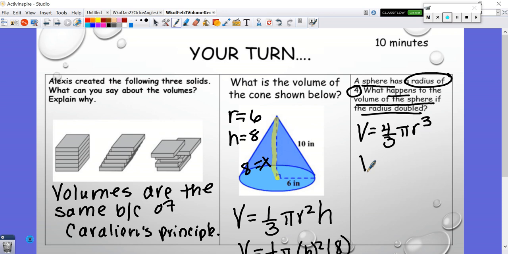Okay, so we say volume equals 4/3 pi, and our radius here is 4 cubed. So we get, if I do my mental math, 4 times 4 is 16 times 4 again gives me 40 plus 24, which is 64.